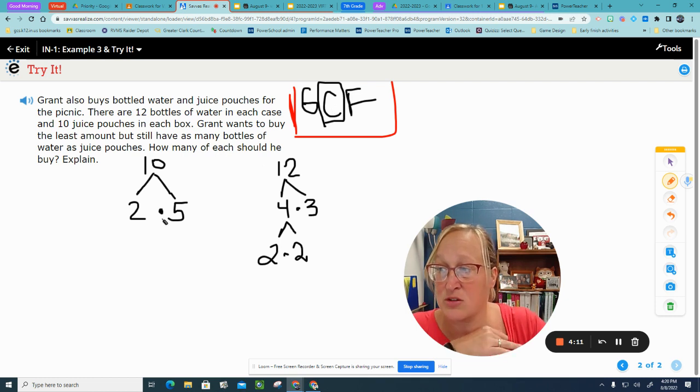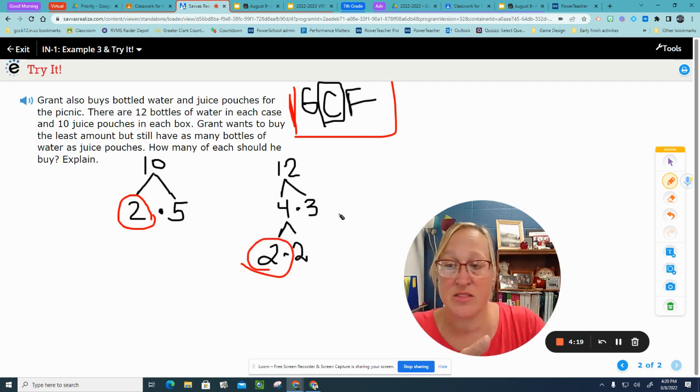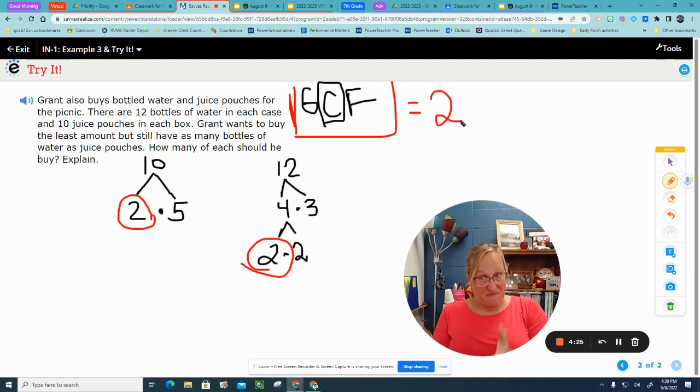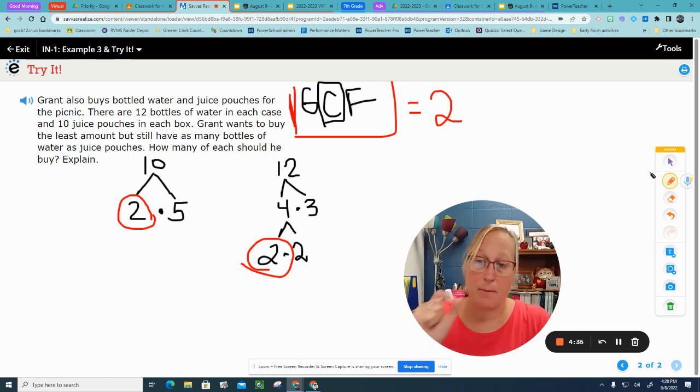The greatest common factor is red. So this one has a 2, and this one has a 2. But they don't have anything else in common. So the GCF is 2. The thing that they have in common, the factor, they're both even numbers, is 2. But they're not asking for that. They're asking for the least common multiple.